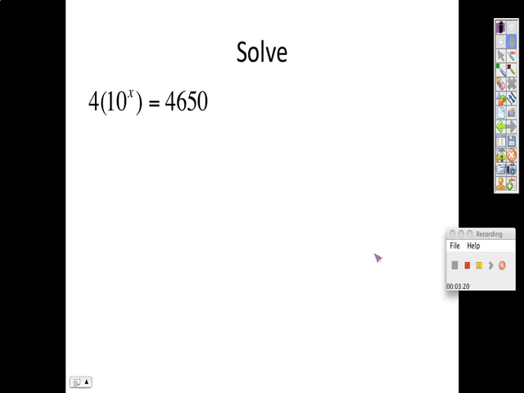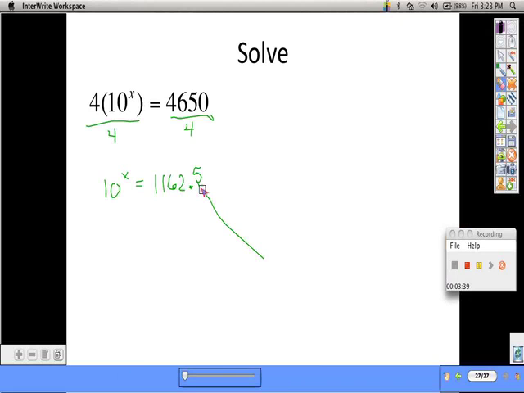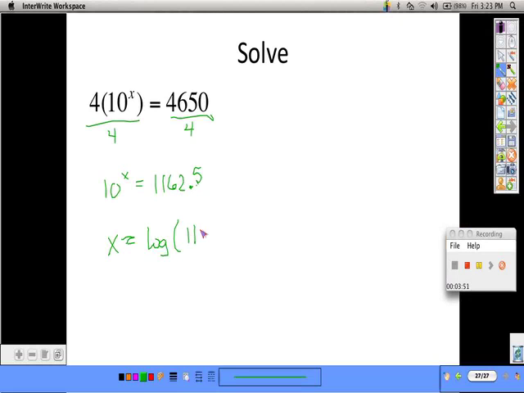So with this problem, we isolate our power just like before. 10 to the x equals 1162.5. And then the way that we solve this is we're going to take the log. X is equal to the log of 1162.5.